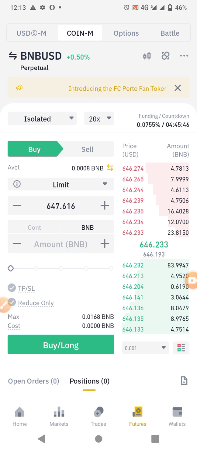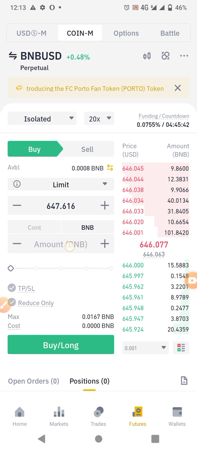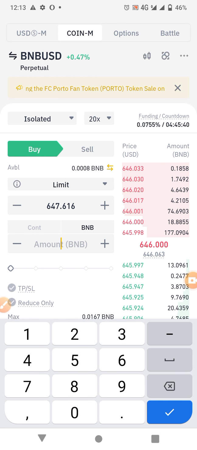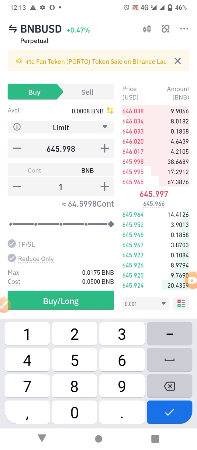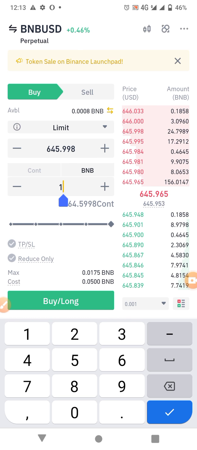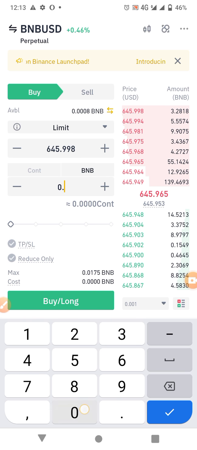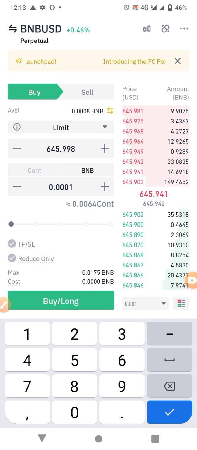I'll click on my buy long. Click on my buy. Are you getting me? So the amount of BNB I want to trade, 1 BNB. I'm passing my boundary, sorry. Let me use 0.0001 BNB.